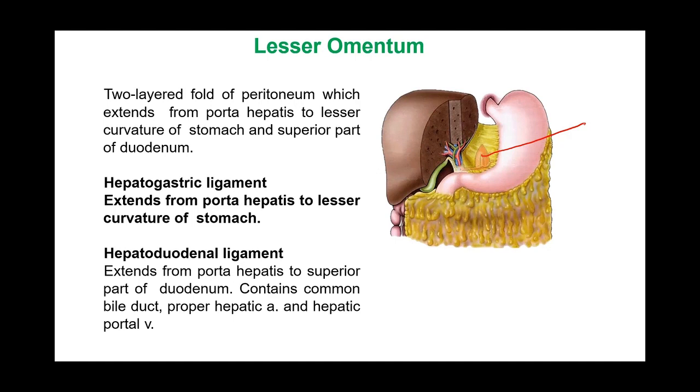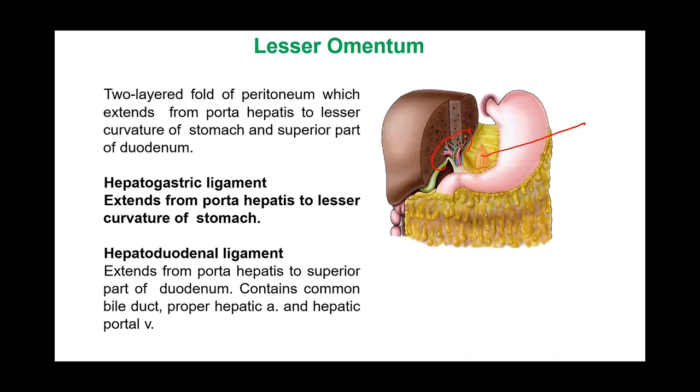Now, the lesser omentum is a two-layered fold of peritoneum which extends from the porta hepatis. Now, this porta hepatis, okay, the part of the liver through which structures enter and leave the liver, is the porta hepatis.